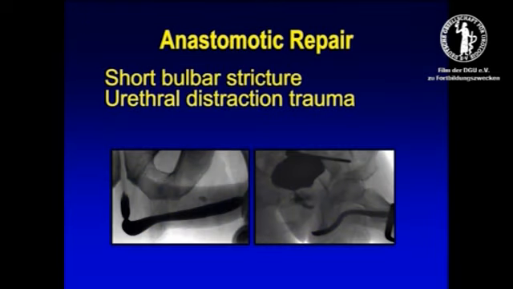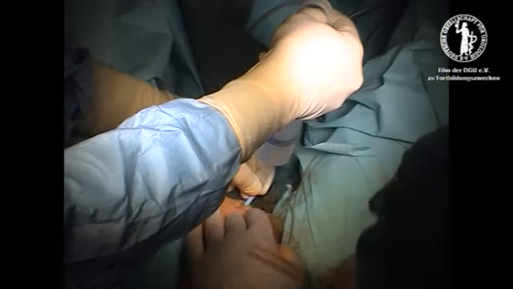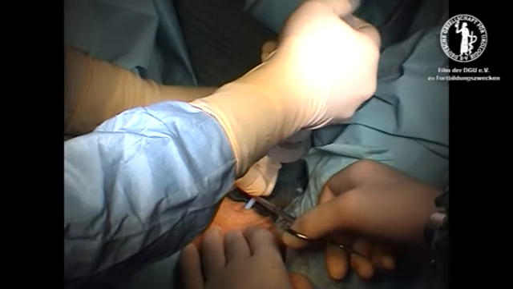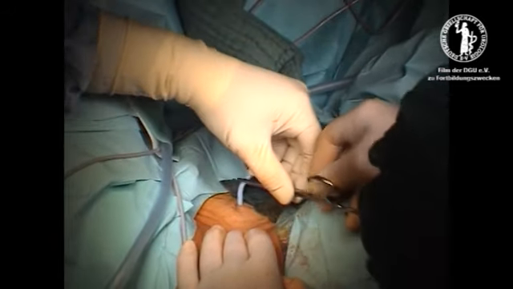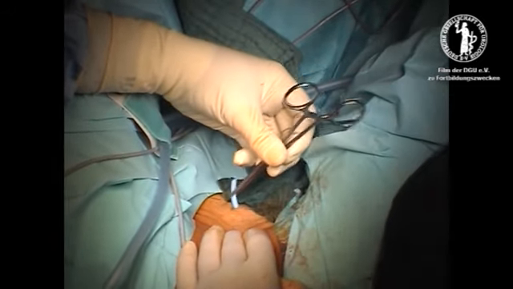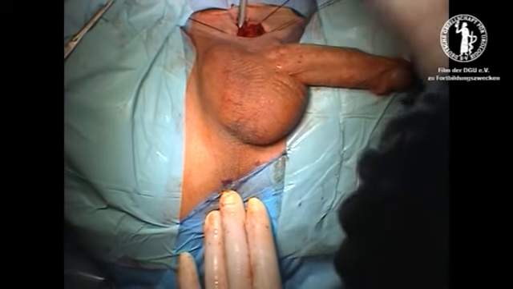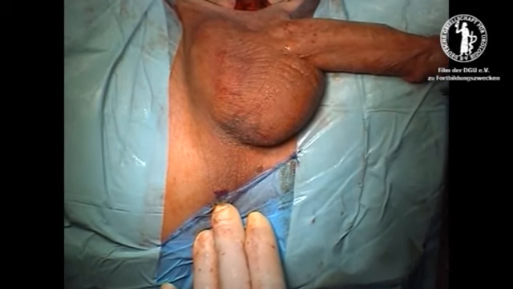In case of short bulbar urethral stricture and distraction trauma, the anastomotic repair remains the procedure of choice. In case of anastomotic repair, we fill the bladder via suprapubic tube and insert a Freudenberg bougie through the bladder neck, till to the proximal obstructed urethra, which can be palpated perineally.